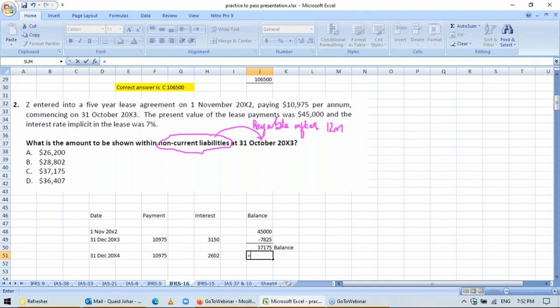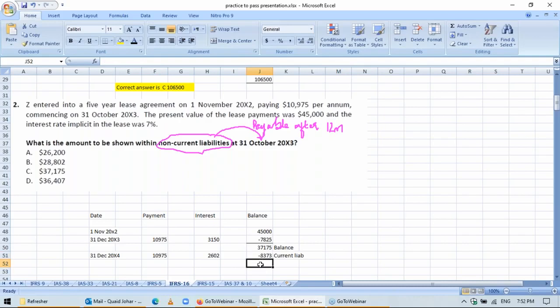So the principal repayment is 10,975 minus the interest 2602. This gives you 8373. By paying this amount, this is the current liability. This 8373 is going to be paid in 12 months time, so we'll exclude this amount.